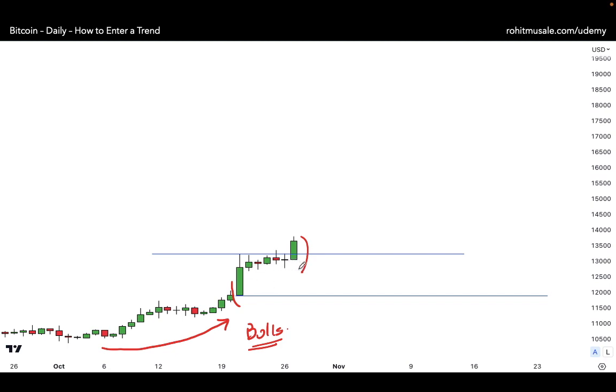After consolidation, again the healthy trend begins. So here the market is taking a breather. Here the market is relieving the overbought condition. At this point, the decision has been made that we have to go even further. So the bulls again take control of the market and the price begins to go up from here. So this is a continuation pattern.